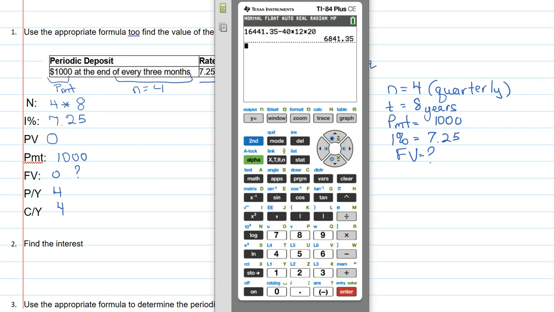Now we're going to go to our APPS key, enter, and we're going to put in 4 times 8, 7.25. No initial deposit, we're making deposits of $1,000, and we're doing it quarterly. You must make sure all of it matches with what you wrote on your template. So I'm going to do an Alpha Enter.